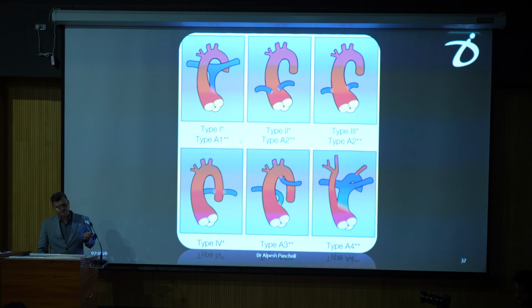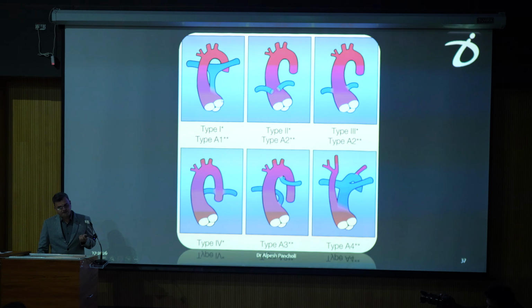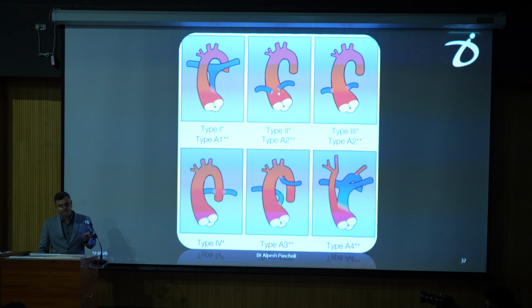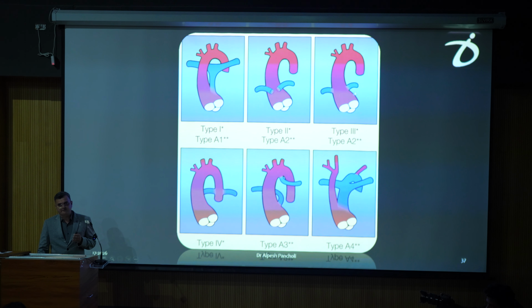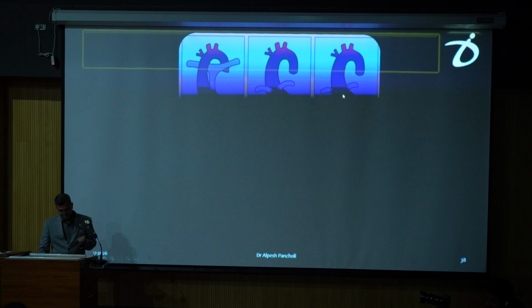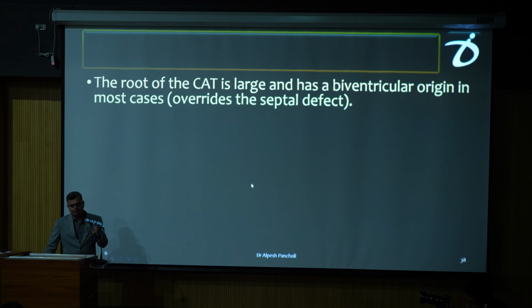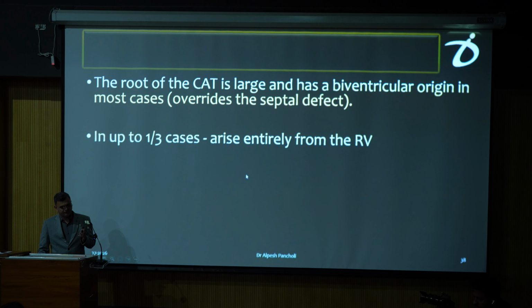So there are 3 types of CAT. Type 1, the main pulmonary artery arises from the truncus. Type 2, when 2 separate pulmonary branches arise at a very close distance. If they are far from each other, that is type 3. The root of CAT is large and has a biventricular origin in most cases, but in up to 1/3 of cases it can arise directly from the right ventricle.